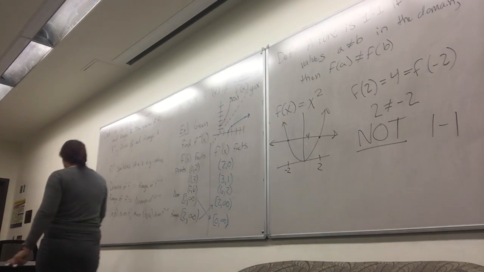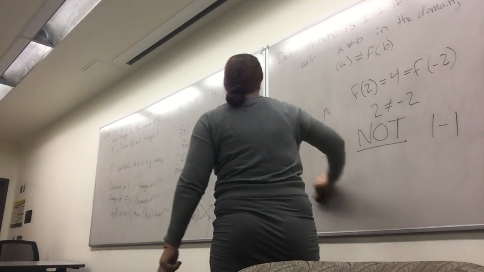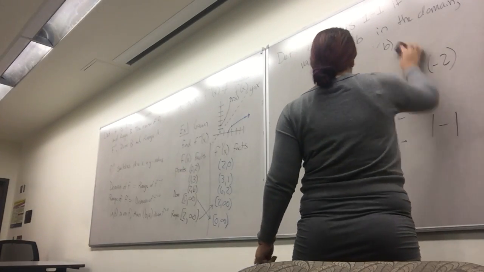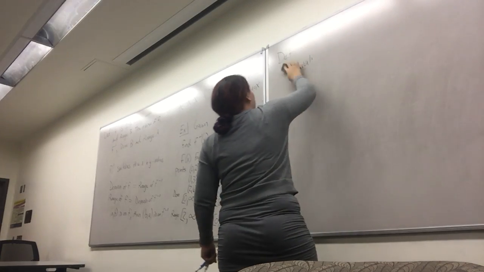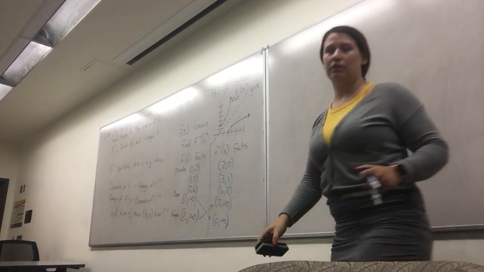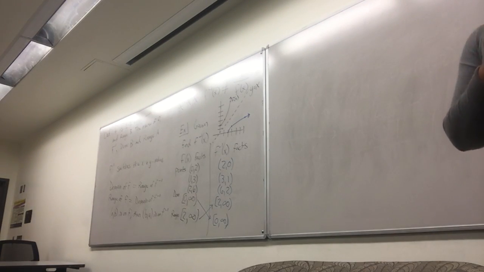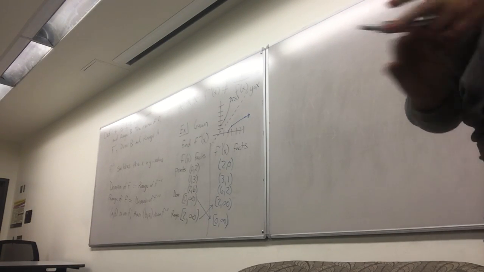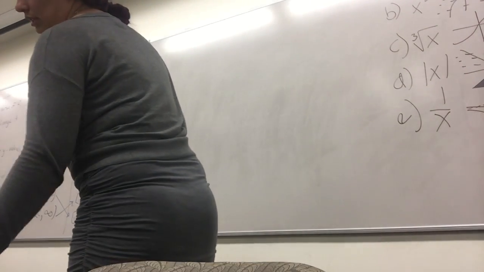All right, so now another way, if we don't necessarily have a graph to invert, there is a way of finding the inverse function from the original function itself. And it's a pretty simple 4-step process.